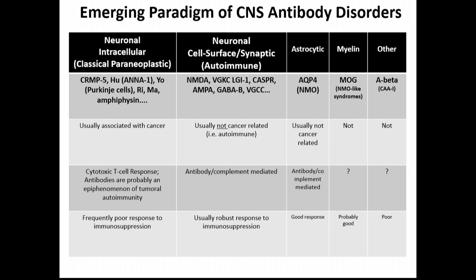And then more and more, I think we can actually reframe other discoveries into this same paradigm. For example, neuromyelitis optica is a neuroimmunologic disorder that binds an astrocytic water channel. So I think we're going to be discovering that this concept expands beyond just nerves. Other examples are the story with MOG, which is a myelin protein, in terms of ADEM, acute disseminated encephalomyelitis, and some children with a neuromyelitis optica, sort of demyelinating disease type picture.